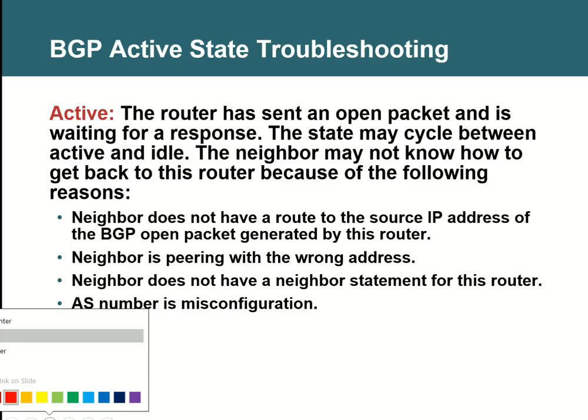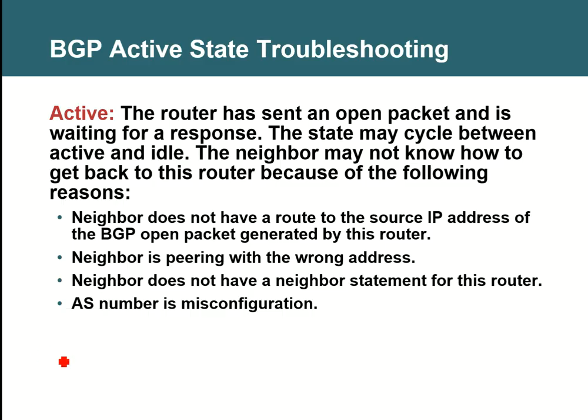As I said, if some parameters are mismatching, if any one of these, then it leads to active state. The neighbor does not have a route, or there is no route to reach the neighbor, or the source address from where the BGP packets are going is not matching with the neighbor statement, meaning you might not have used the update source command.